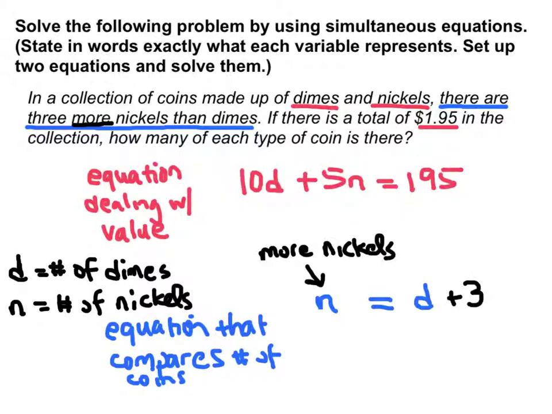So I repeat, we're going to add 3 to the lesser amount. So remember, if you know that there are more nickels and you want to compare the number of nickels with the number of dimes, the number of nickels, if there are more of them, can be the single variable, and we will add 3 to dimes, which is the smaller amount.